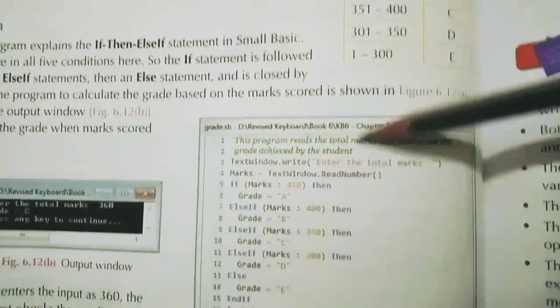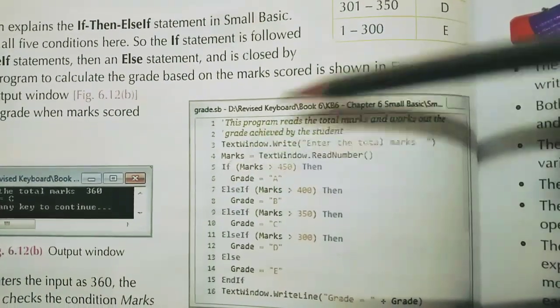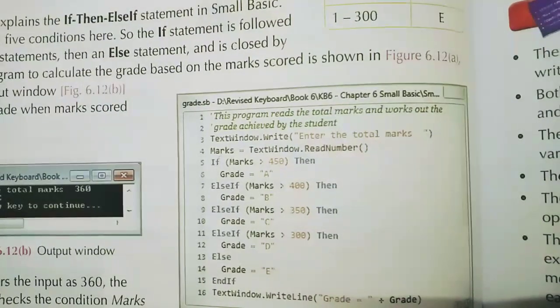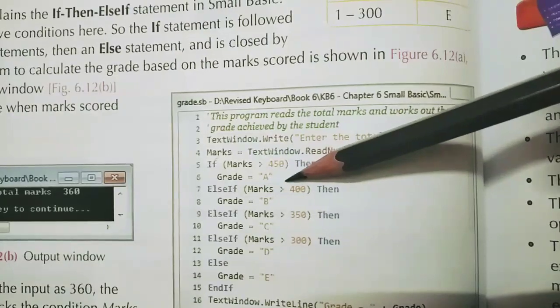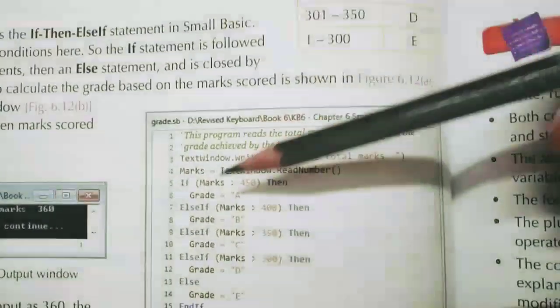The total marks will be stored in this variable marks. So if marks is greater than 450, then it will print grade equal to A.